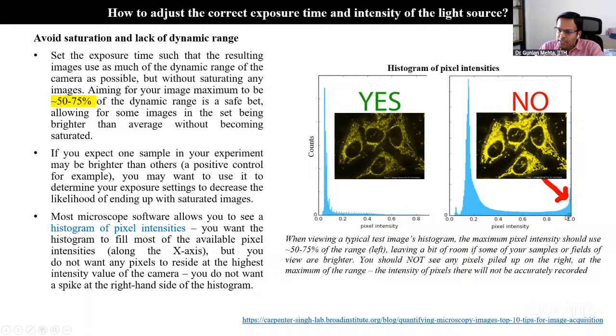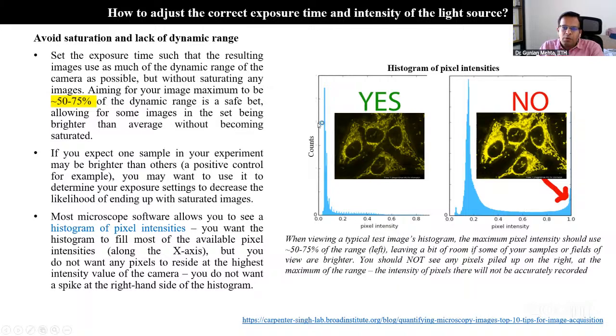And if the pixels are saturated in your image, this image becomes useless for any kind of fluorescence intensity measurement, because the saturated pixels cannot show the real pixel intensity value, right? So that's why none of your pixels should saturate. All the pixels should remain within this limit.